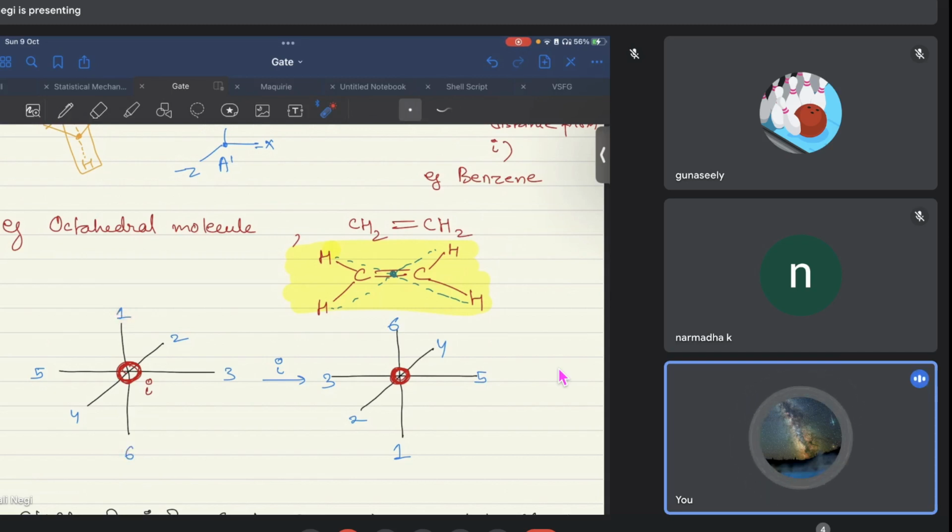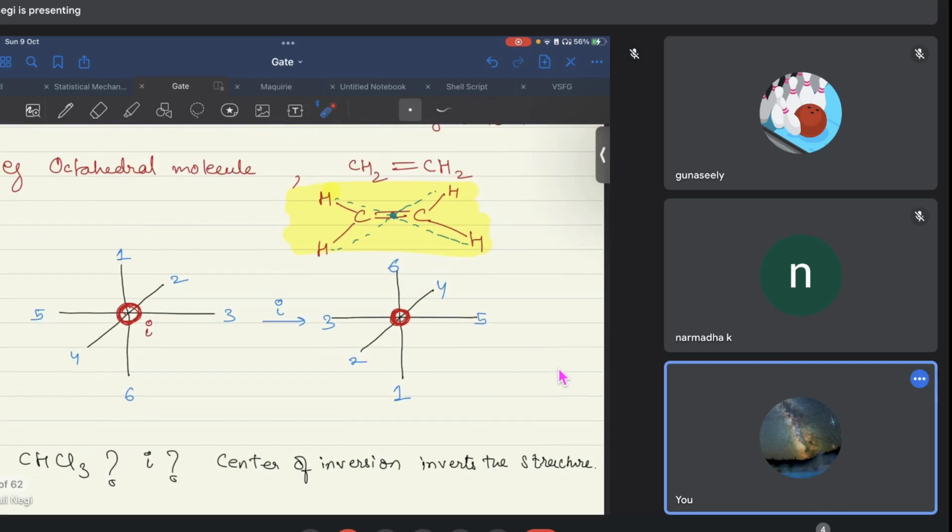So basically the center of symmetry or center of inversion is doing the inversion of the structure. This 3 will be here, this 5 will be here, because 3 gets reflected here and 5 gets reflected here. Again this 4 will be reflected there, and that 2 will be reflected here, such that this structure is actually the inverted structure of this one. Correct? This is what my center of symmetry or center of inversion does.